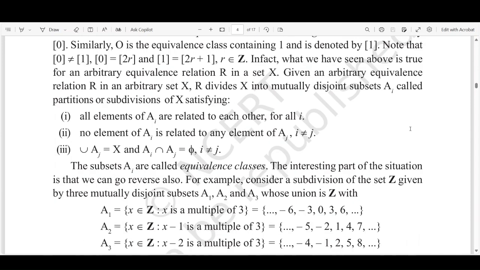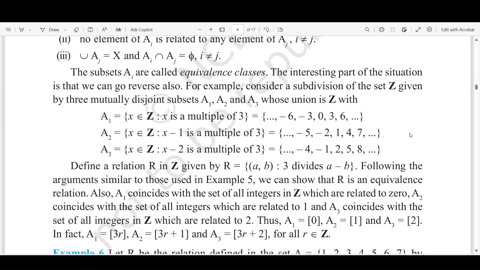Here they have given an example in which they have considered a subdivision of the set of integers given by three mutually disjoint subsets A1, A2 and A3 whose union is Z, with A1 equal to the set of all x belonging to Z such that x is a multiple of 3. So it consists of the elements -6, -3, 0, 3, 6, etc. And A2 equals the set of all x belonging to Z such that x minus 1 is a multiple of 3.